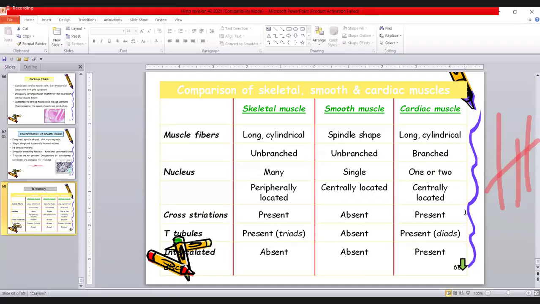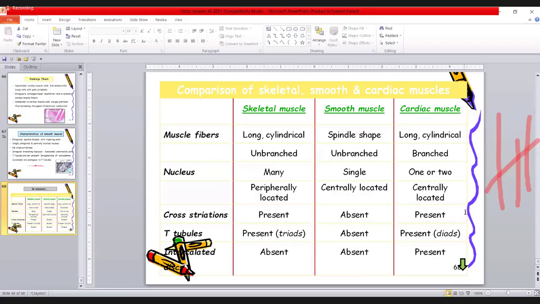Light band, dark band. Actin filaments are thin filaments, myosin filaments are thick filaments, so they are arranged in a manner that they partially overlap. So they give us a striated appearance from end to end. Within a sarcomere, they get arranged partially overlapping, so they give us a striated appearance.